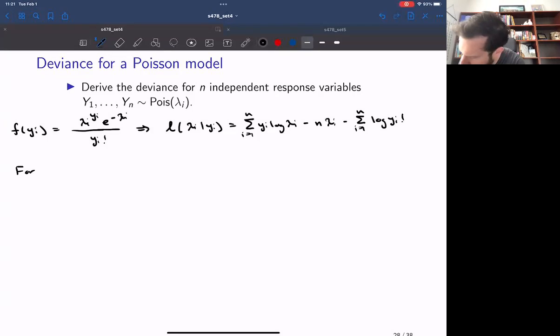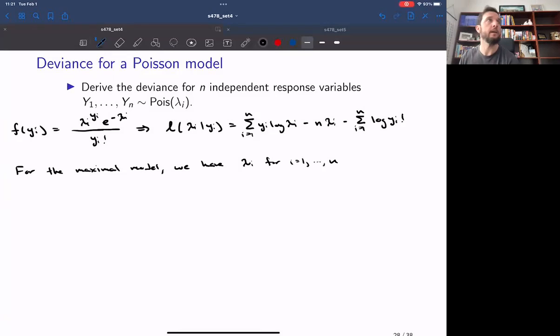So for the maximal model, we have lambda i for i equals 1 to n.